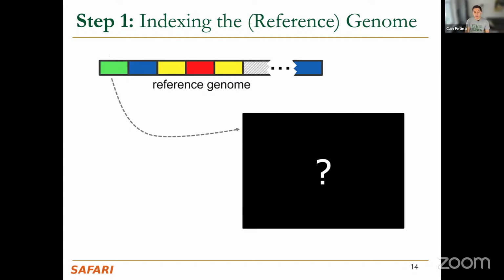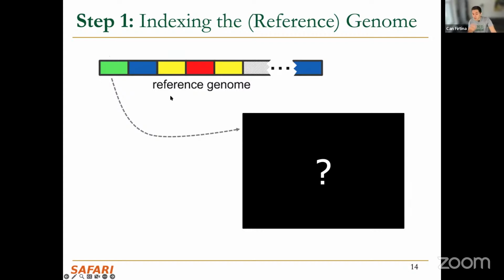And we want to store these subsequences using some data structure, such that when we query this data structure with some other subsequence, we can quickly say whether that given subsequence exists in the reference genome or not. So this means that we need to extract subsequences accurately and then store them such that, in an efficient way, we can query this data structure efficiently to answer the question whether a given subsequence exists in the reference genome or not.